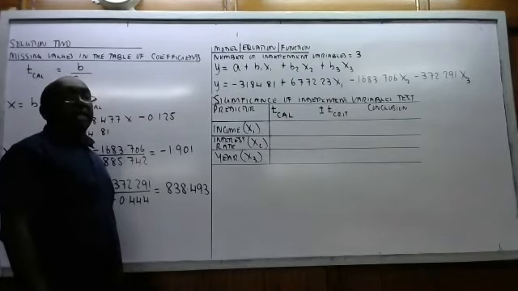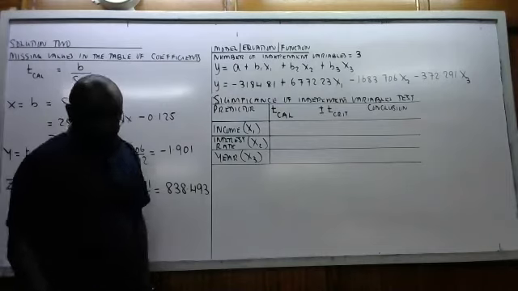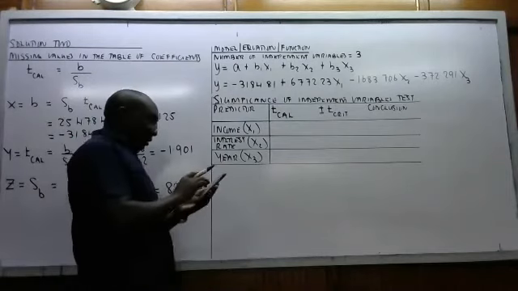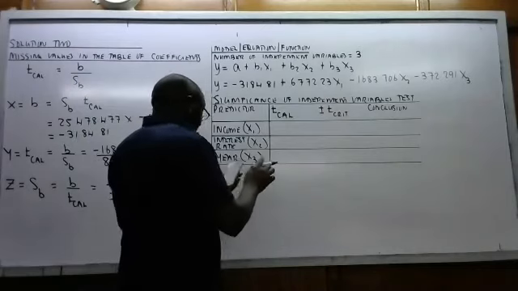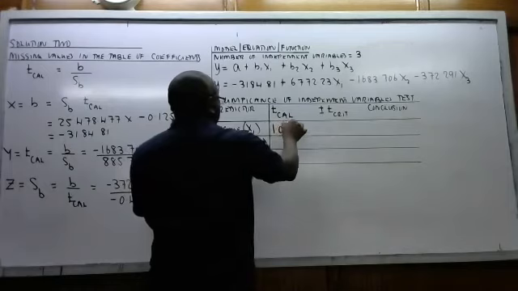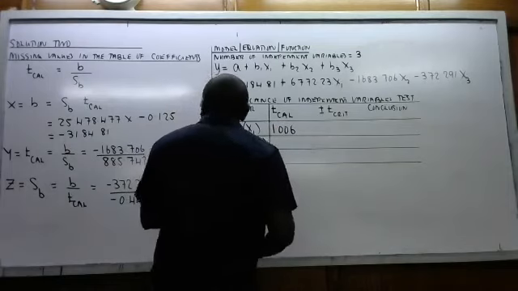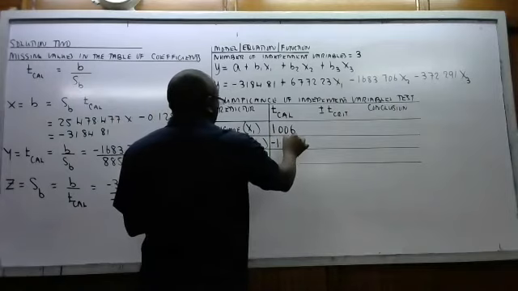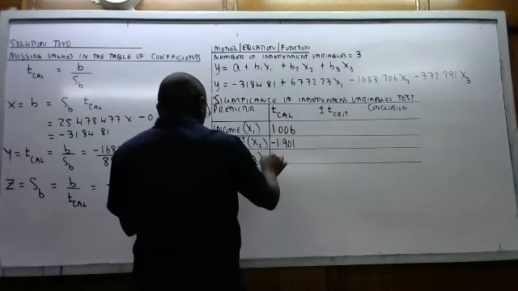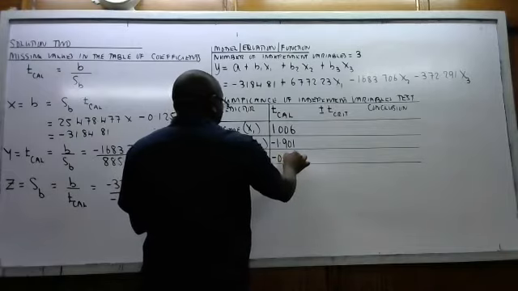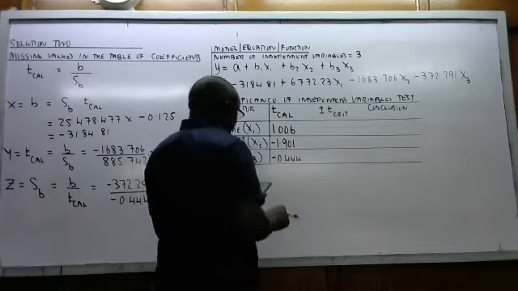Do we know the T calculated? Yes or no? Yes. For the first one, it is 1.006. Huyu mwingine ni minus 1.901. Na huyu ni minus 0.444.